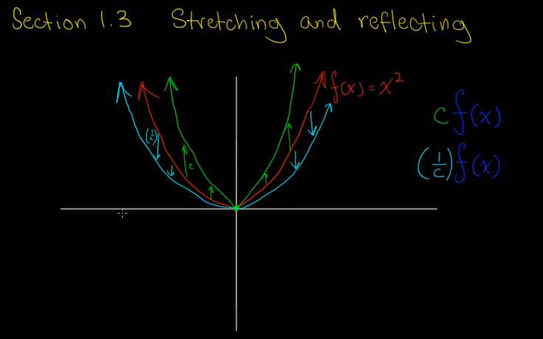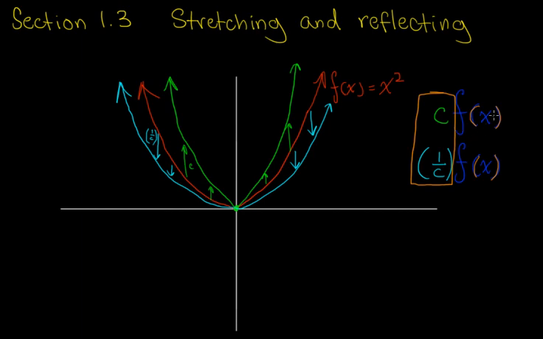Alright, now that's vertical. Anything where you have a function being multiplied by a constant, and that's outside of your argument. Remember, I like to call this the argument of the function f. X is our argument.